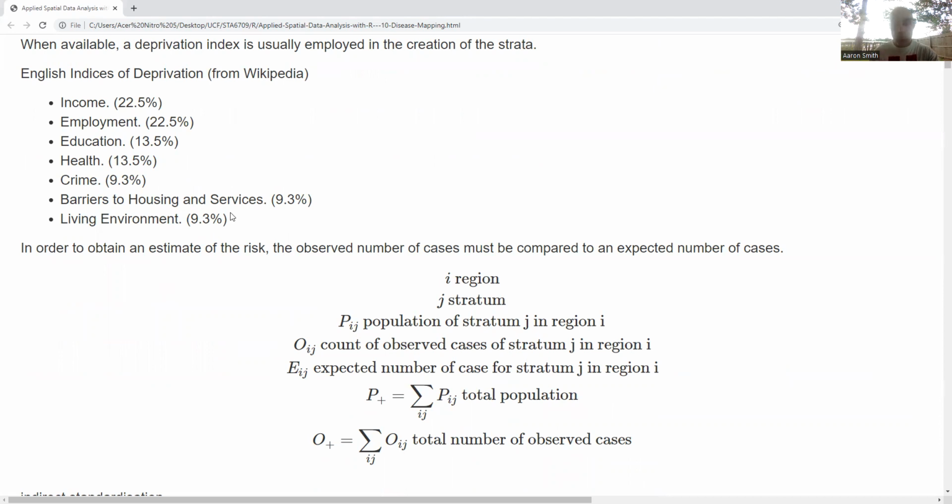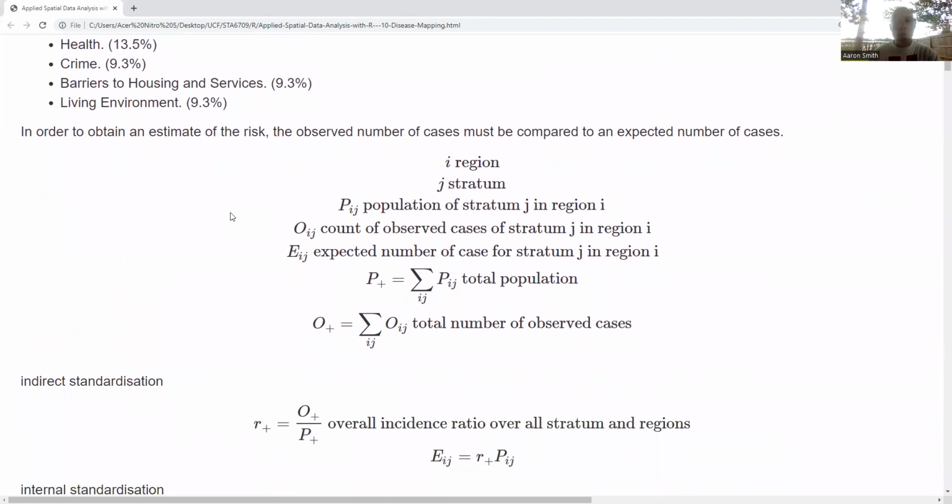As we tackle this, subscript i connects to the region of interest, the subregion that is. j connects to the stratum, so that could be male, female, Black, Hispanic, white, Asian, American Indian, and so on.